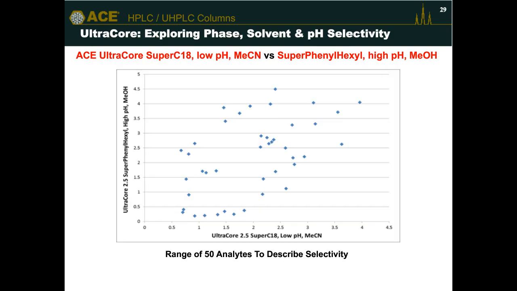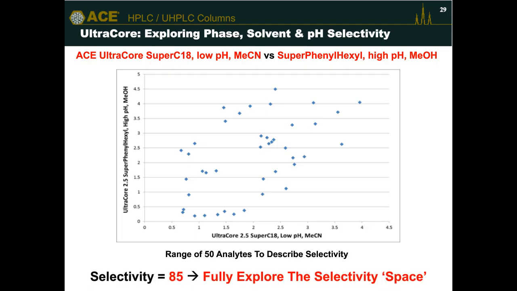Finally, you can change more than one variable. So here we've got a C18 versus a phenyl hexyl, one at low pH, while the other at high pH. We've also changed the organic modifier. So this is changing all three of those variables, looking at the entire selectivity space that you saw in those three boxes to give you a selectivity value, in this case of 85.